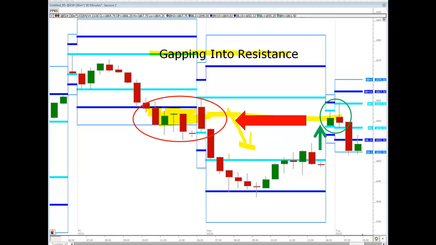Once you see that and you begin to see these patterns develop, and you see that even the initial balance high of the prior day we weren't able to test during the first hour of trading, which usually has the greatest level of volatility, then that is a strong indication that the seller is still alive, well present, and strong in the marketplace.